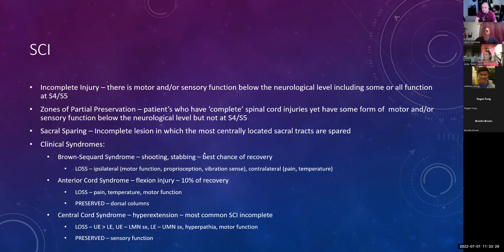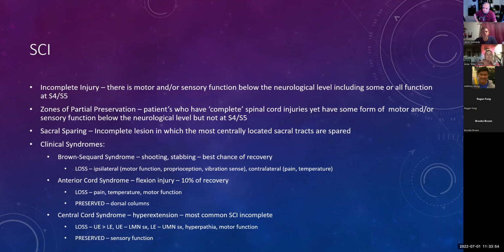Now that won't give them S4, S5, but it's going to give them some weird preservation somewhere else. And then obviously sacral sparing is what we call a patient that's incomplete because they have a lesion in those centrally spared sacral tracts.